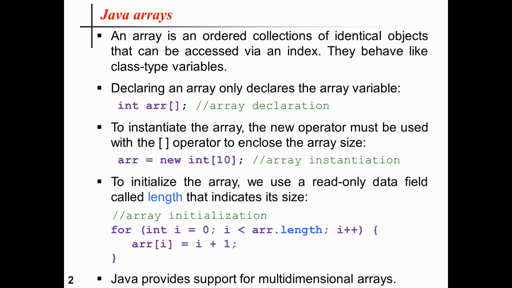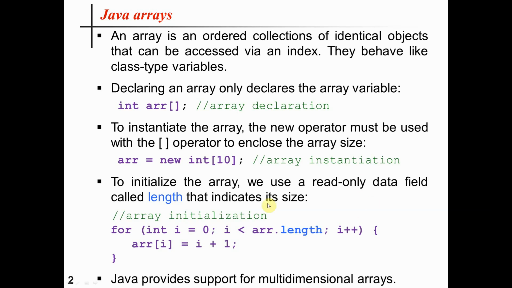Now to initialize the array, we use a read-only data field called length, which is basically a runtime property of any array in Java. It indicates its length. So we have to start from the beginning index, that is denoted by 0, to the end index, that will be length minus 1.